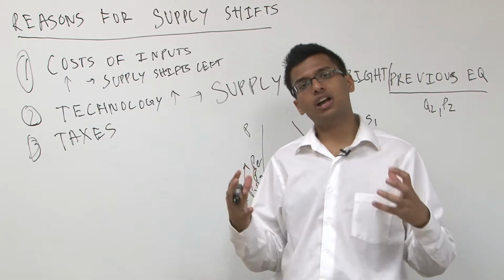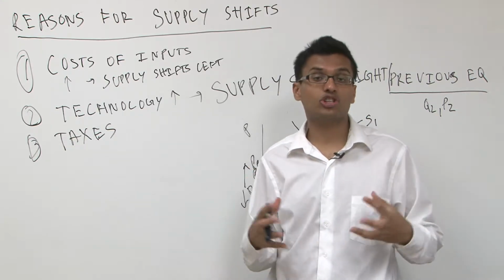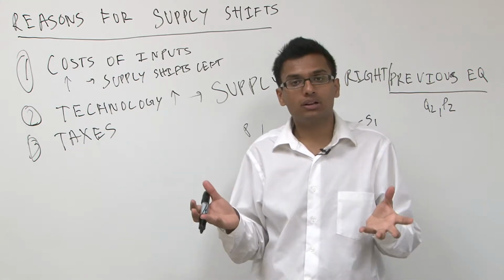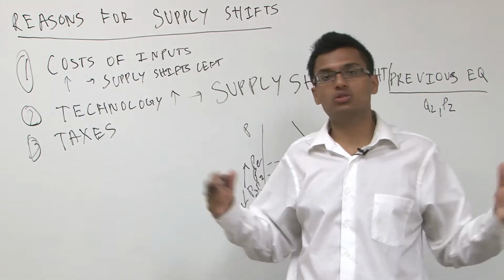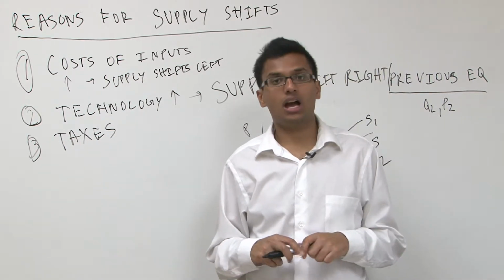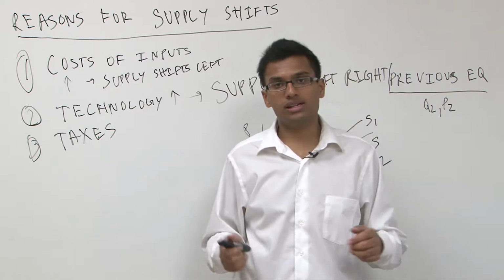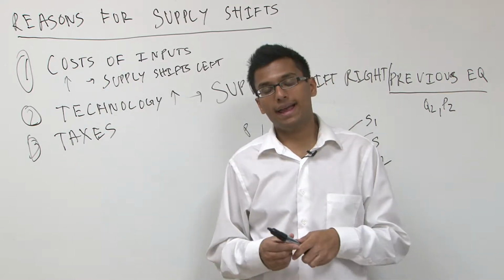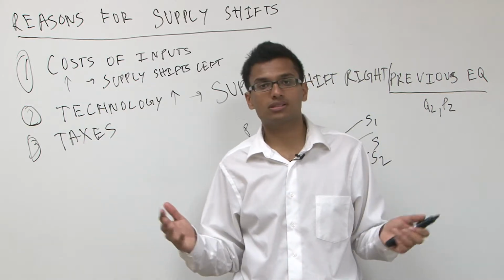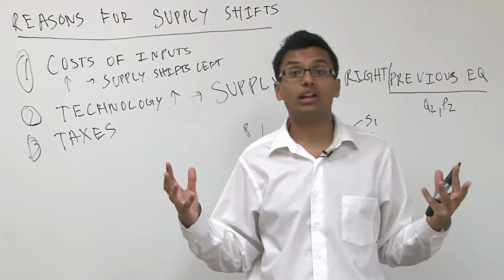If a government starts to tax more, it's like the costs of making that good go up. Say I'm in a country, let's choose a random country, Ireland. In Ireland, I make these markers, and the government of Ireland decides that, for some reason, their costs of healthcare are going up.